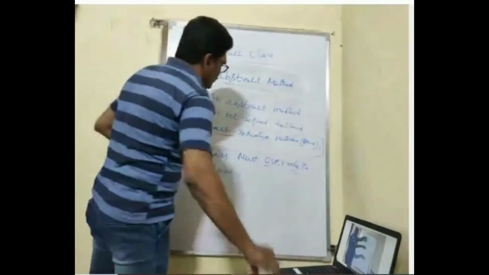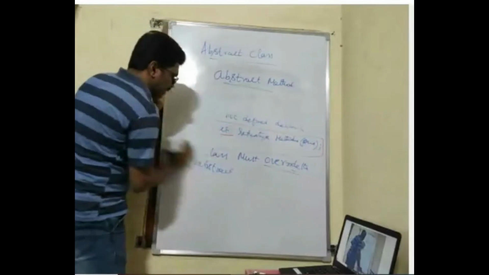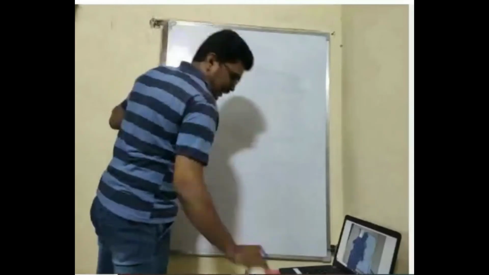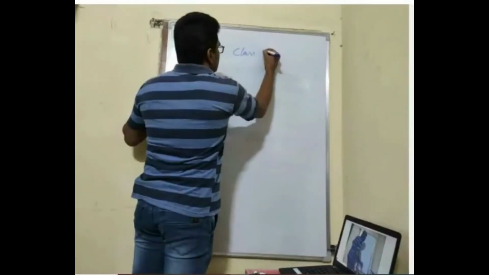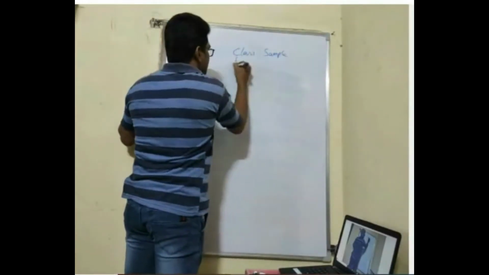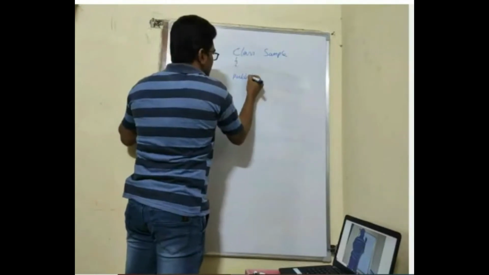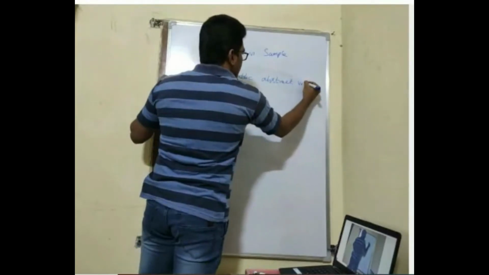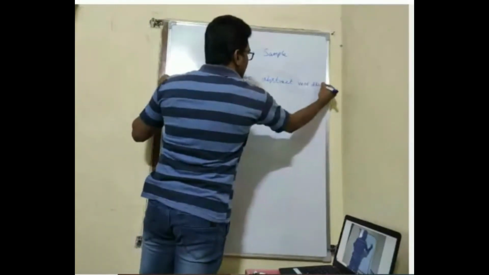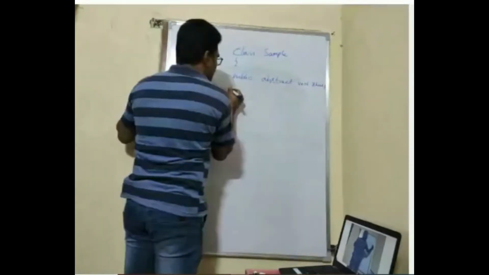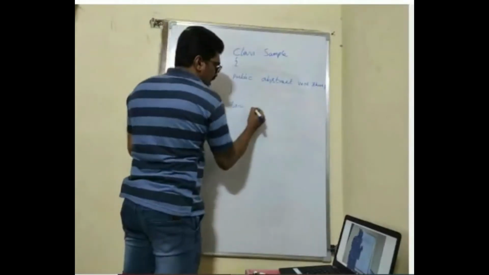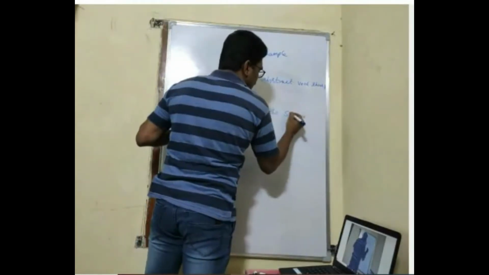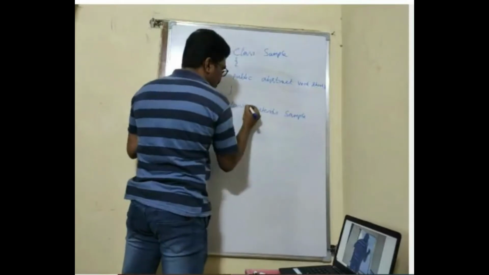We'll see with an example. Class Sample is my class. I declare one method: public abstract void show. I'm not passing any parameters. I'm just closing here. Then I have a class B extends Sample.